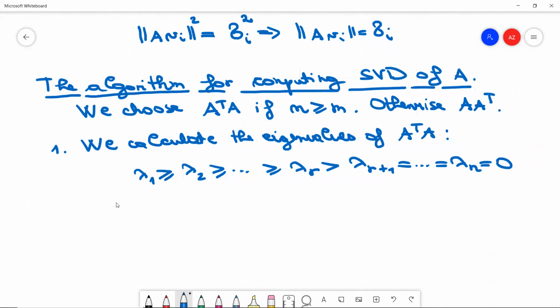So we calculate the eigenvalues and the corresponding eigenvectors.